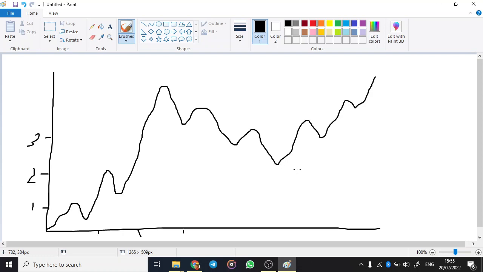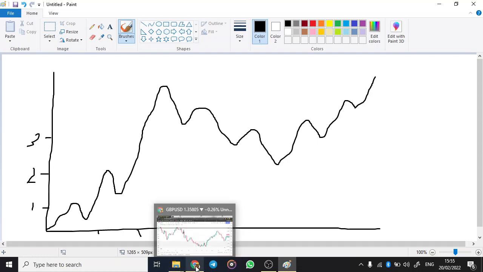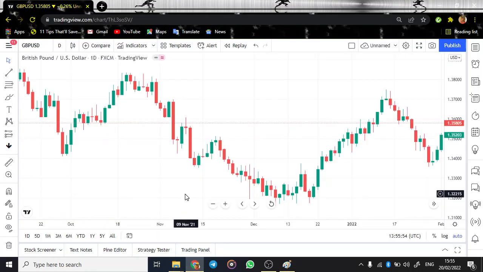So what makes it have a relationship with a candlestick is that for a line to be formed, we are going to take every closing price, okay, every closing price.